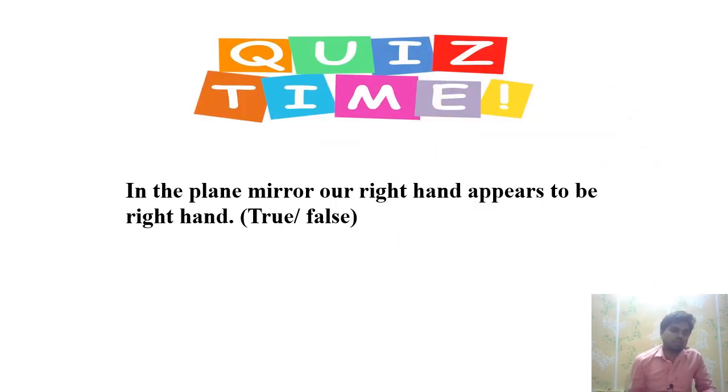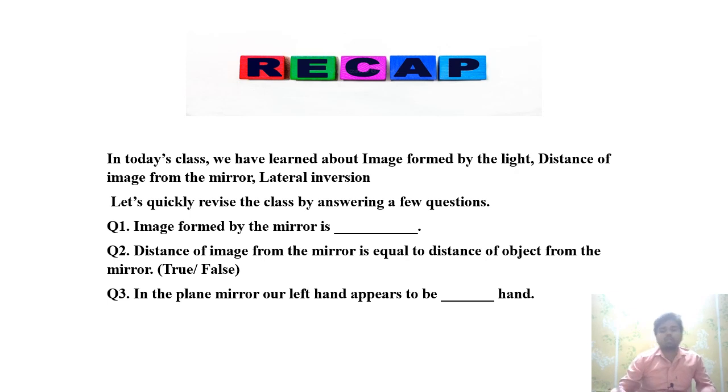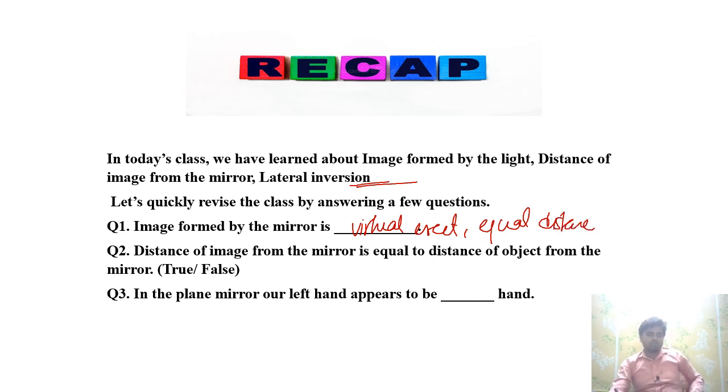Now, students, you have to answer this question. In the plane mirror, our right hand appears to be the right hand? No, it is absolutely wrong, it appears to be the left hand. In today's class we have studied the image formed by light, the distance of the image from the mirror, and lateral inversion. The image formed by the mirror is virtual, erect, and at equal distance, and lateral inversion is also seen.